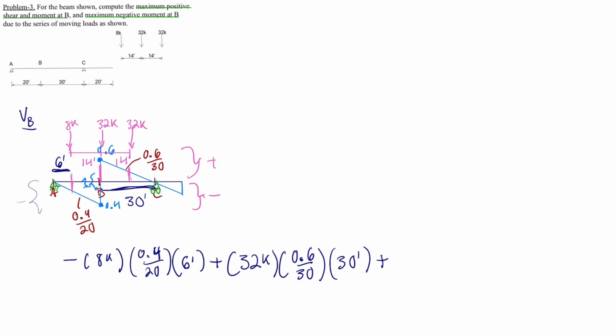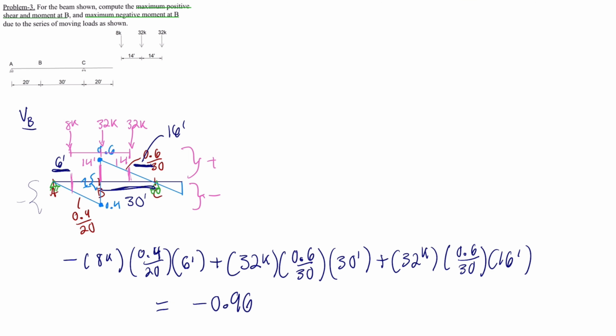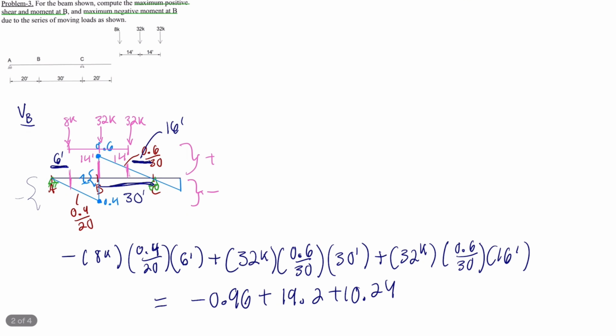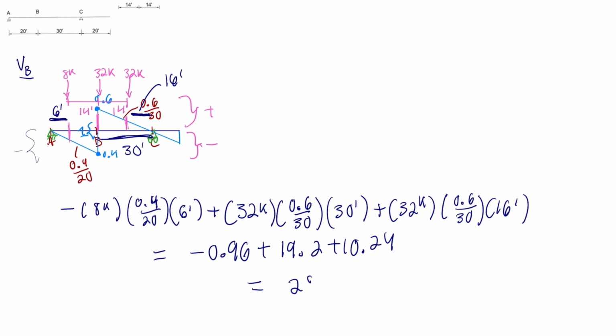Then we will add the other load: plus 32 kips times the slope, 0.6 over 30, times the distance, which is 30 minus 14, equal to 16 feet. Multiplying, we get negative 0.96 plus 19.2 plus 10.24, which gives us a total of 28.48 kips.